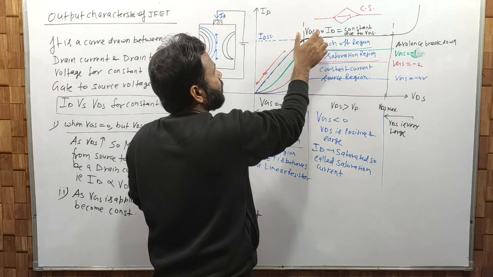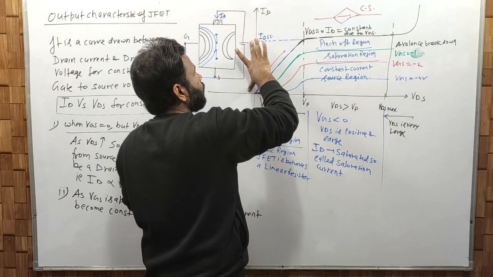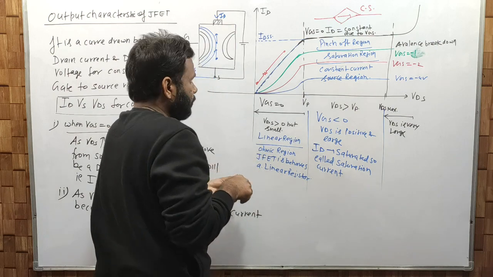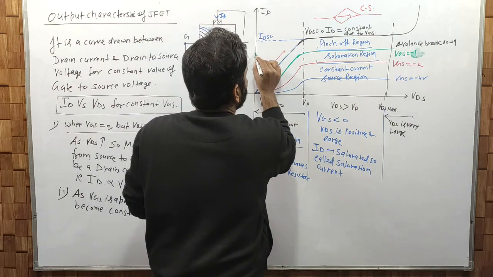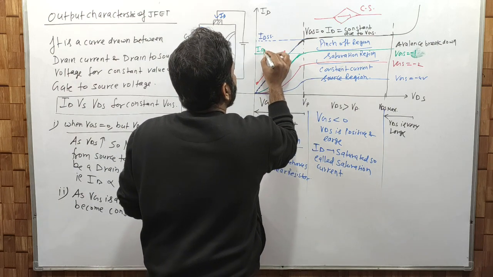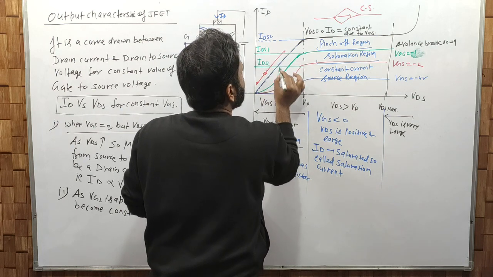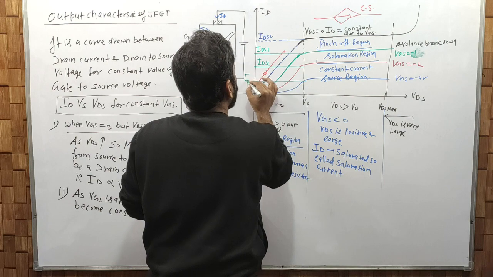Suppose for VGS 0, this is the amount of drain to source current, that is the maximum current. Now when VGS is applied, this value is IDS1, then this is IDS2, then this is IDS3.